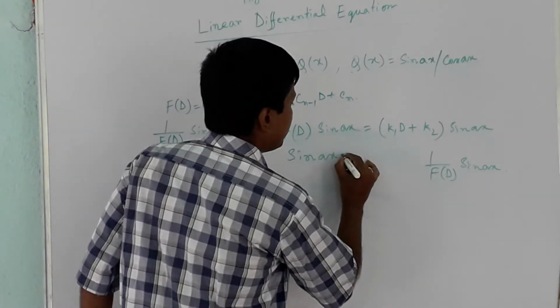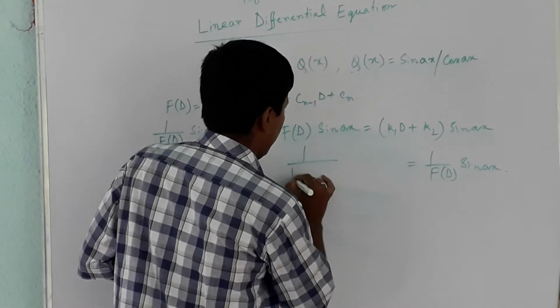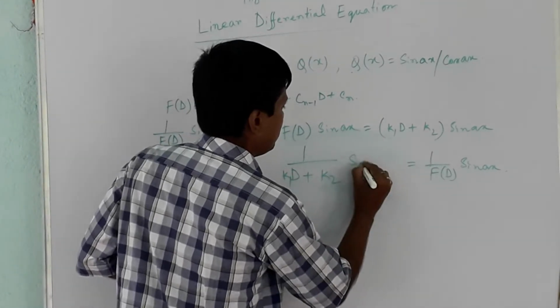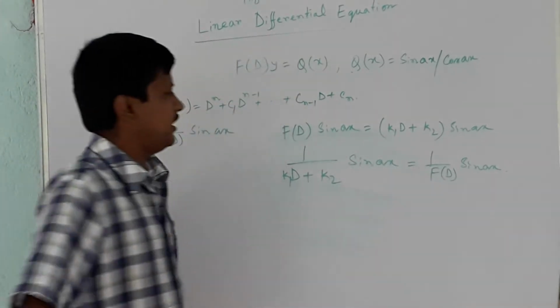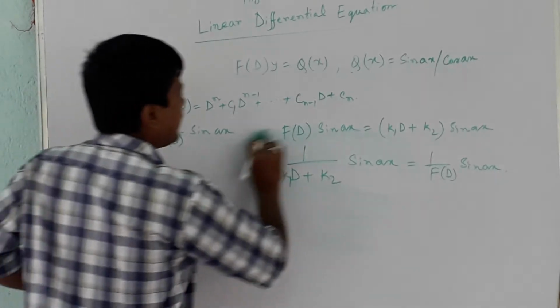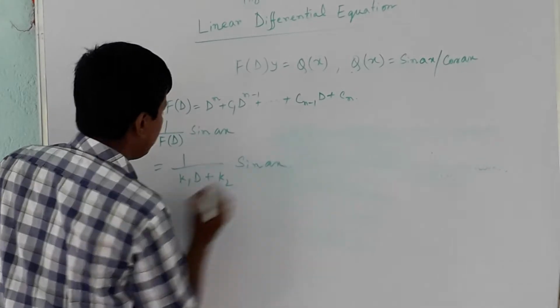So this function can be written as 1 by (k1 D plus k2) sin ax.